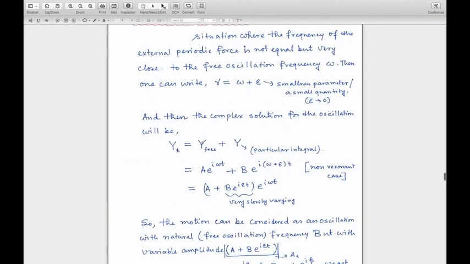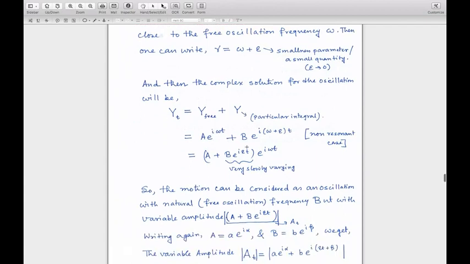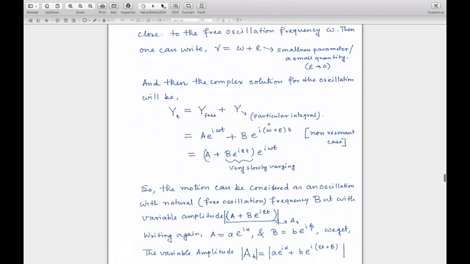Then the complex solution for the oscillation will be y(t) equal to y free, the free oscillation solution, plus the particular integral, that is yr basically. Here I have just written y. So that is equal to a e to the power i omega t plus b e to the power i (omega plus epsilon) t. That's exactly what one should write.